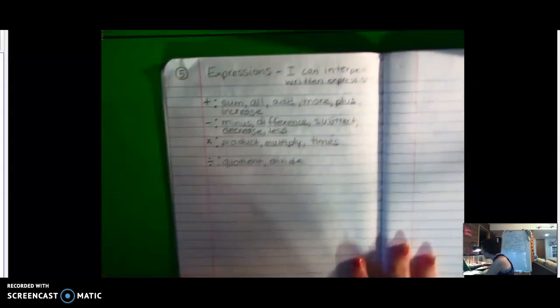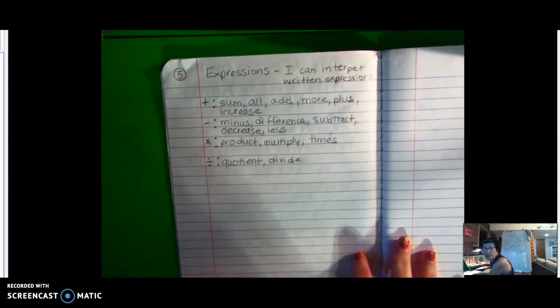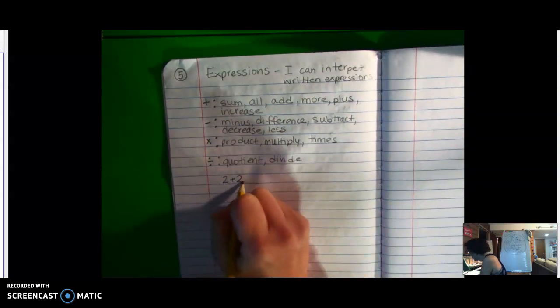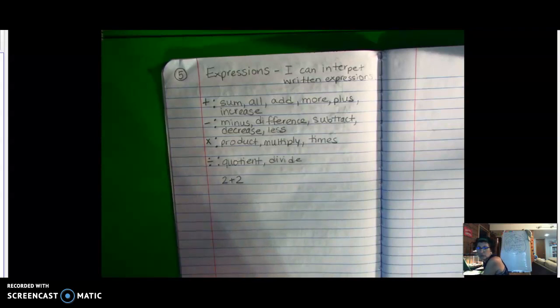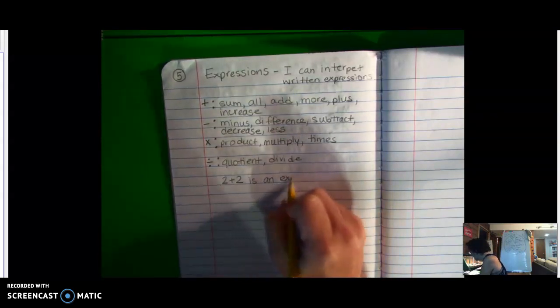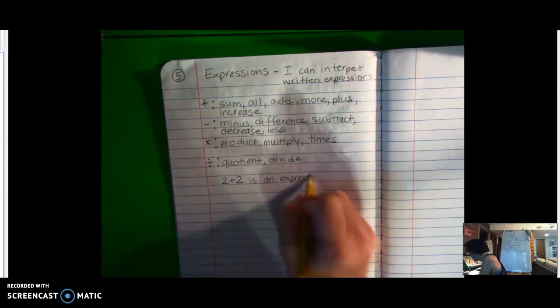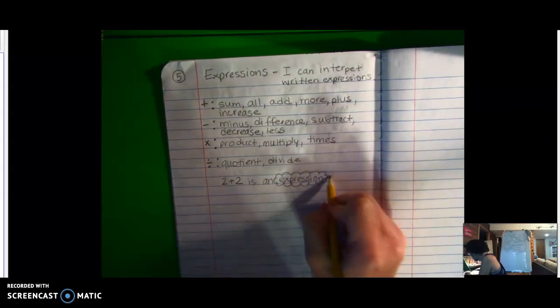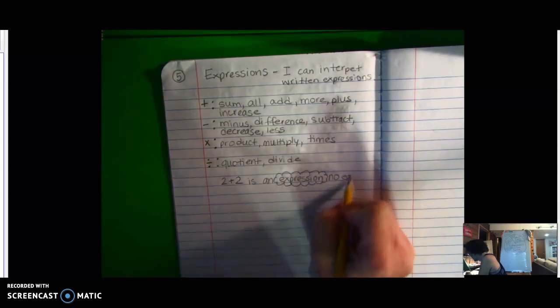So, when we're talking about expressions, we mean like 2 plus 2 is an expression because there is no equal sign.